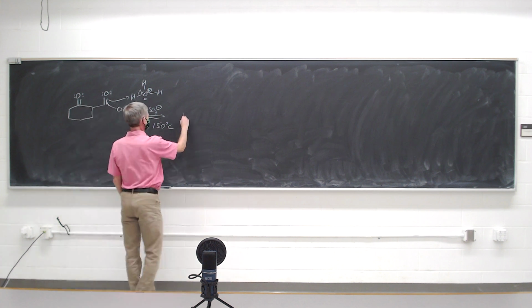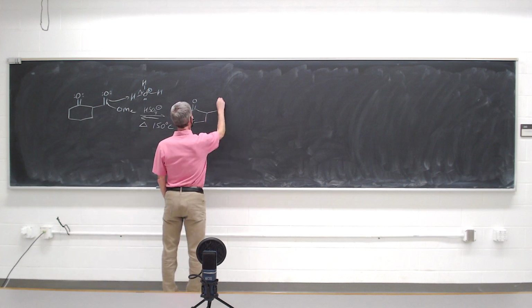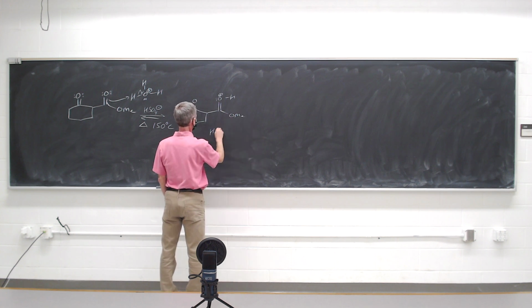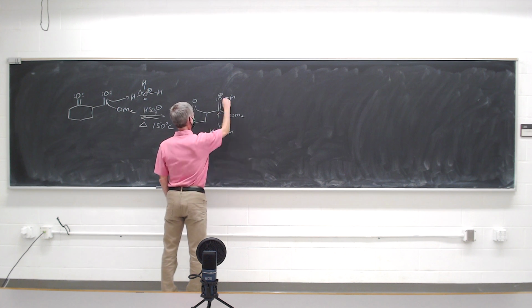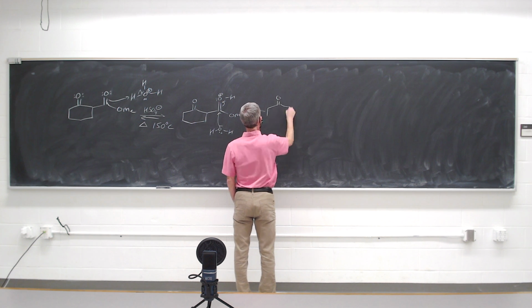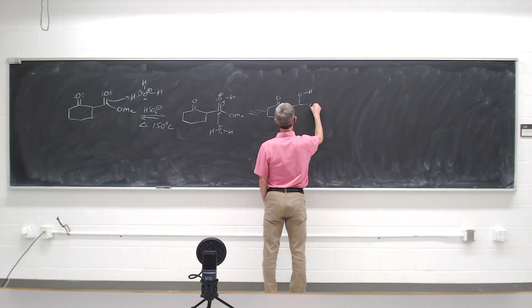This is a reverse Fischer esterification. And it's exactly the same reaction that you did to hydrolyze the ester to make the carboxylic acid on the exam. At least I hope you did. That's what you should have done. And I always assume you're going to do what you should do.